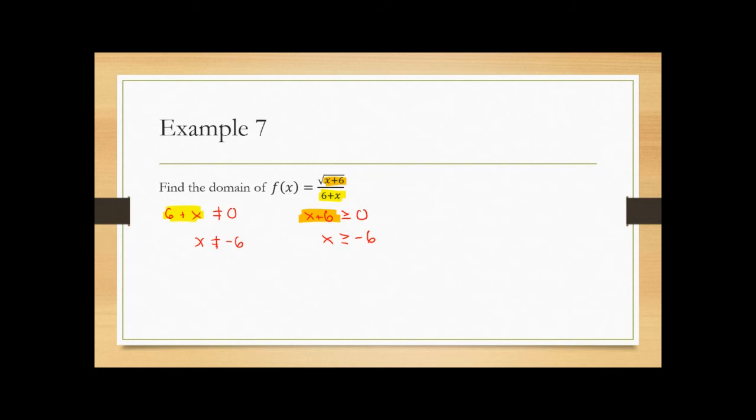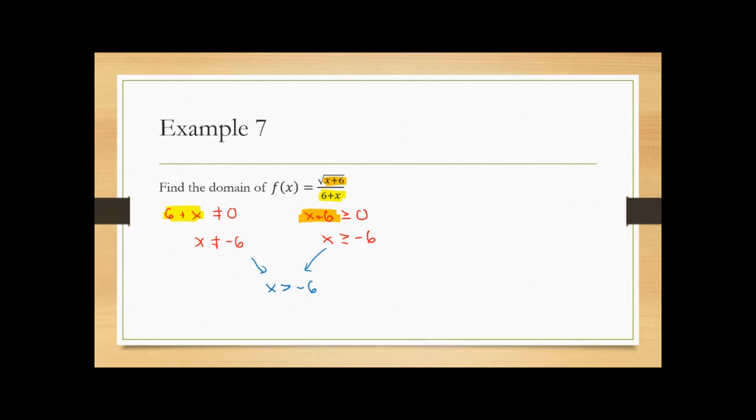So when we put these two things together, x is not negative 6, and it has to be greater than or equal to negative 6. X has to be greater than negative 6, because it can't be equal to negative 6. That equal to part would kind of contradict each other. So I have to be greater than negative 6 when I think of those together.